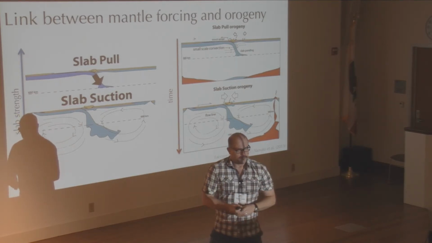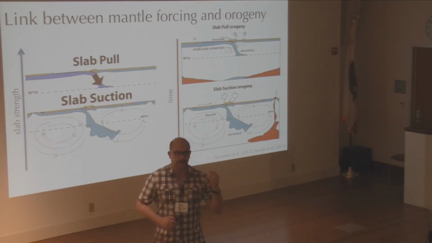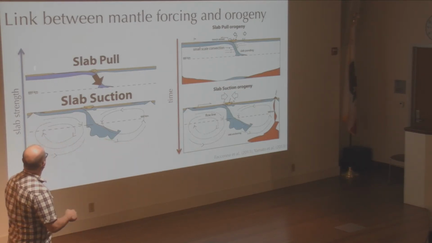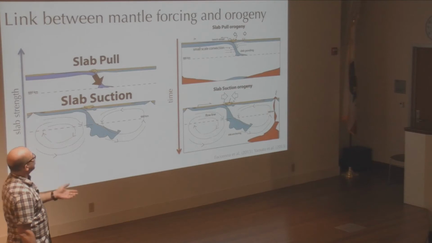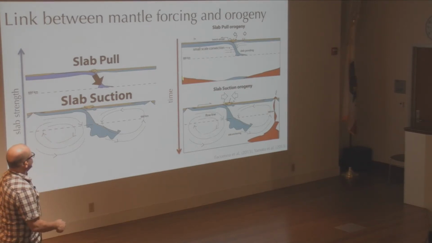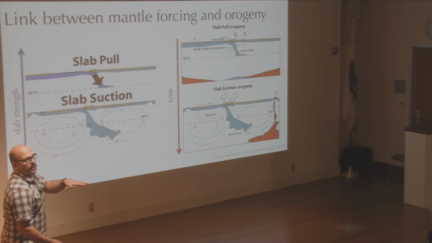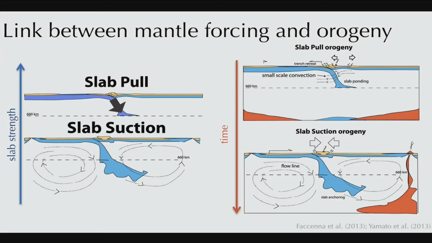One way to look at this is to go back to this dichotomy, perhaps, of slab pull versus suction, where I explored this earlier in terms of slab strength, and think of it as something that's changing over time, where slab pull force transition may be associated with a slab ponding at 660. Once the slab goes through 660, establishes a large-scale convection cell, perhaps also triggers an active upwelling, you're moving toward more of a slab suction scenario.